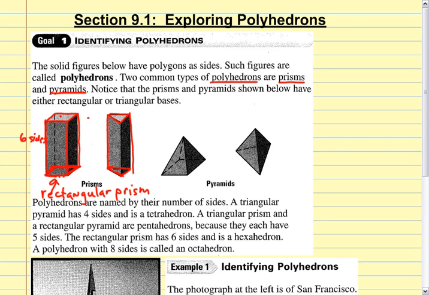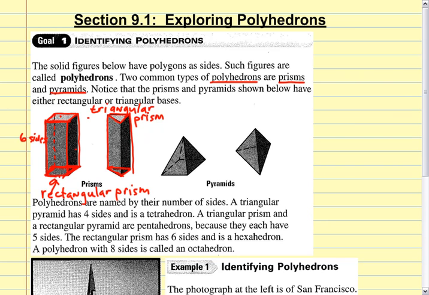Megan? No, this one's a rectangular prism. So what do you think this one might be called? A triangular prism, all right? Triangular prism. And remember, prisms have the same shape on the bottom that they have on top.